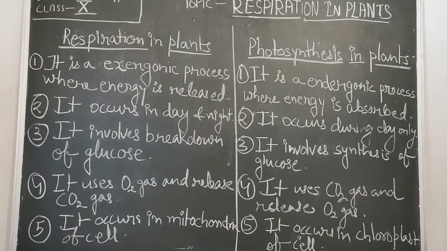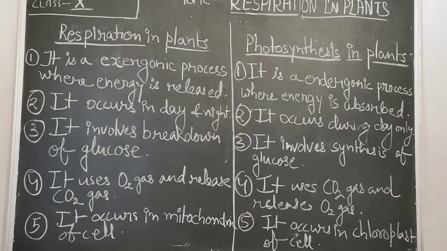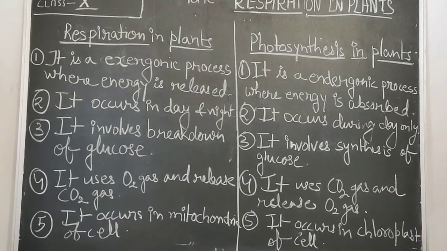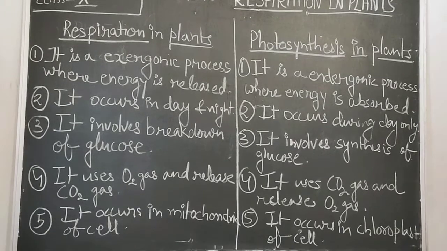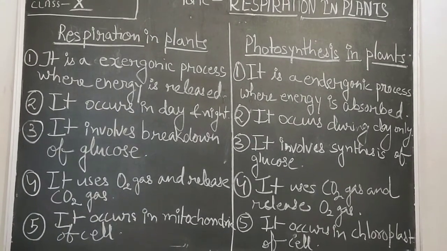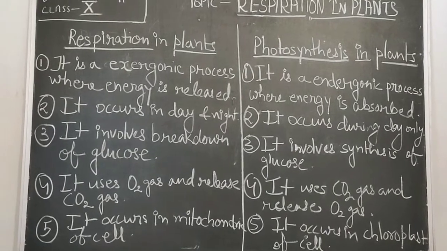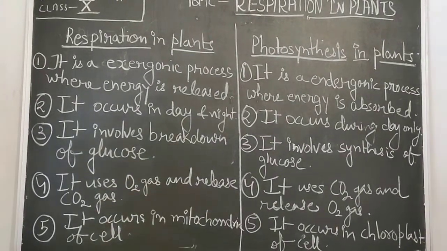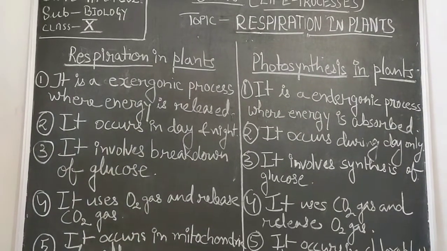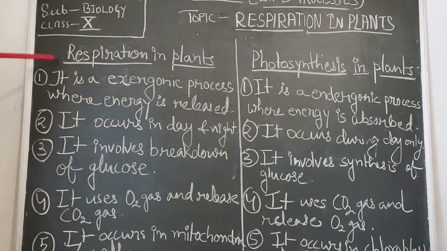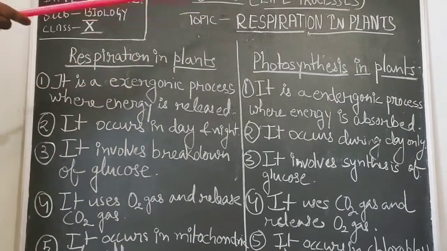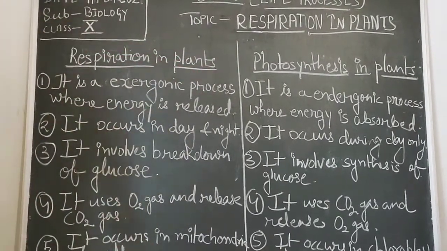Whereas what we have studied today is the respiration process in plants, where glucose is broken down into carbon dioxide and water and energy is released. This process occurs inside the mitochondria of the plant cell. Now let's see how the respiration process is just vice versa of the photosynthesis process which occurs in plants.